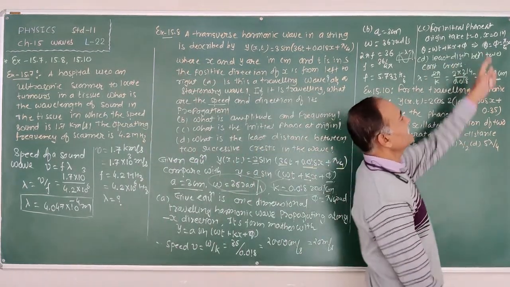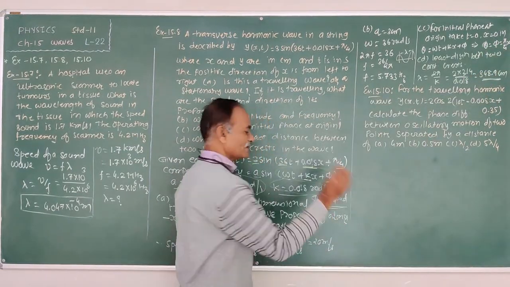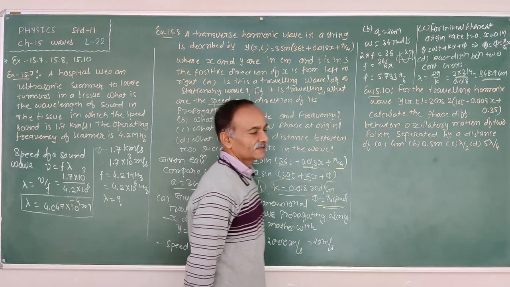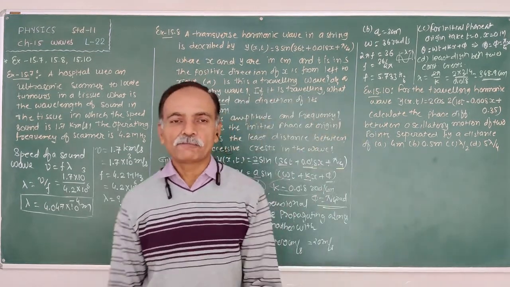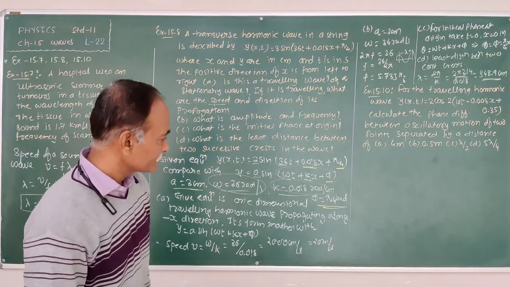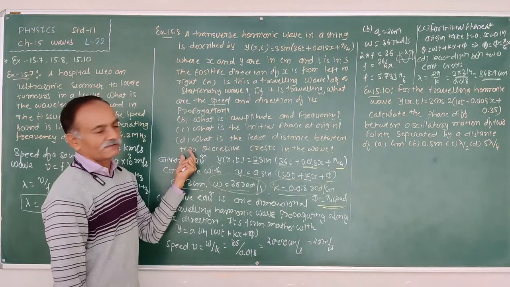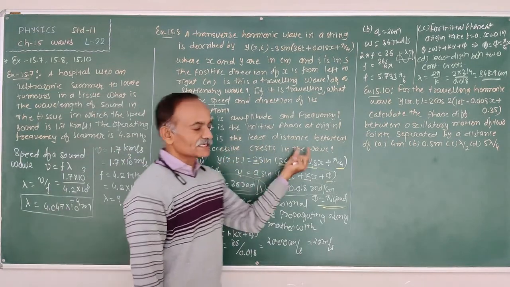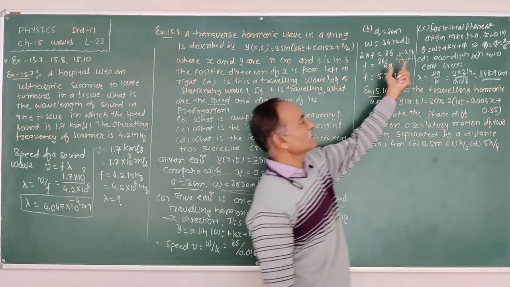Therefore, theta is equal to phi, and phi we already obtained, that is pi by 4 radian. Therefore, initial phase at origin is pi by 4 radian. Now part D, what is the least distance between two successive crests in the wave? First the crest, according to this figure.